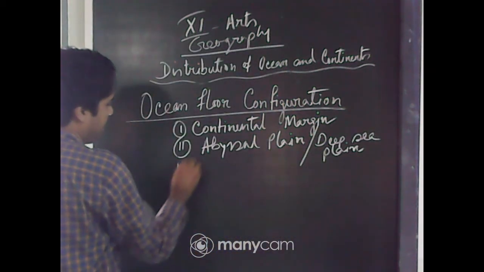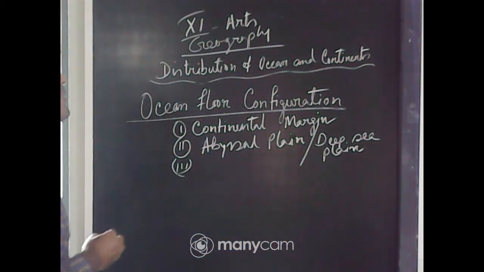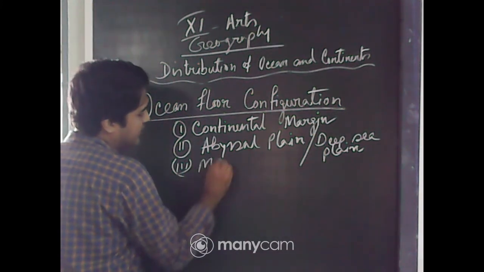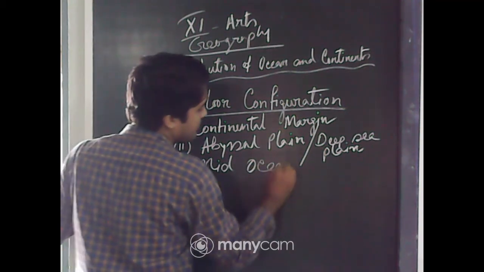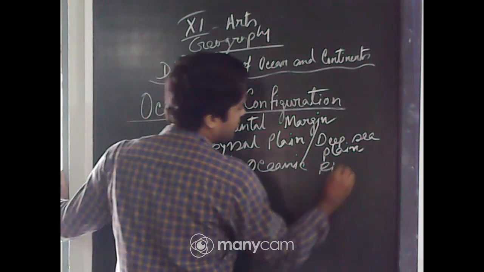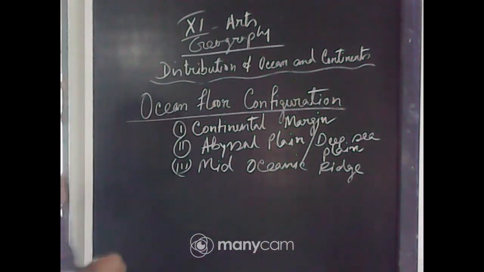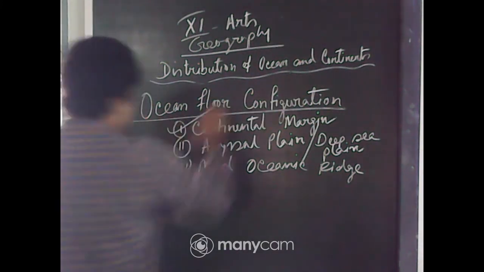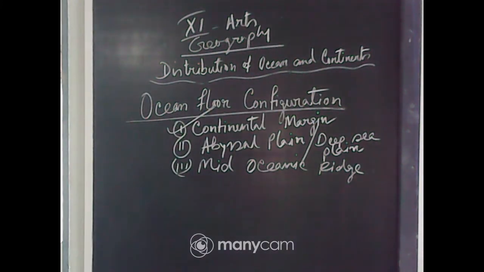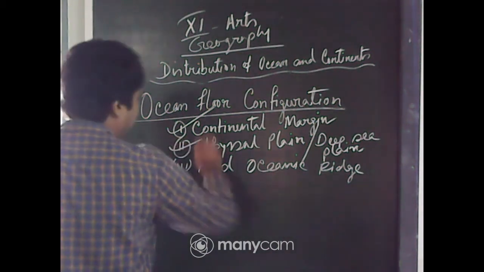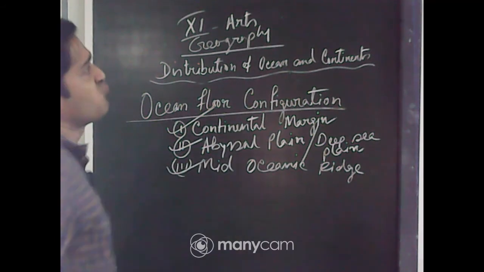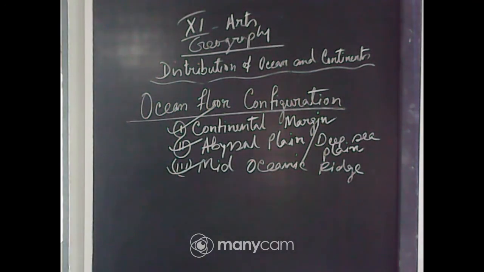And number three, this is mid oceanic ridge. That means from the sea coast, if you go towards the mid ocean, first you will get this feature, continental margin, then you will get abyssal plain or deep sea plain, and after that you will get mid oceanic ridge. These are the three parts.